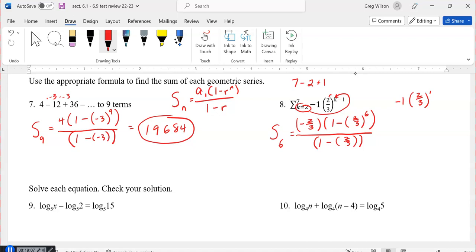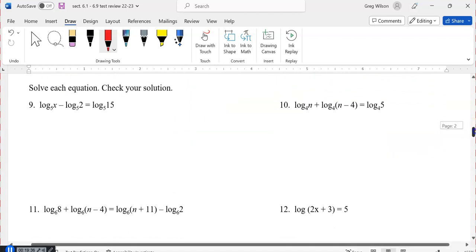So you're going to have an inside set surrounded by an outside set of parentheses. So we end up with our sum is -1.82, and we'll just go to 4 decimal places.